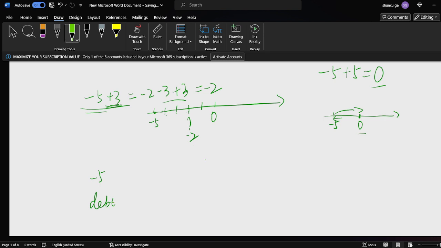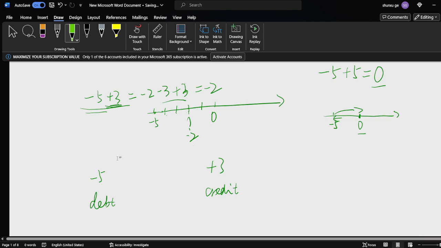Then what does a positive number mean? Positive means credit. What do I mean? So we have a debt of 5. But we get $3. We get a debt of $5. Because it's different. Debt and credit are different.